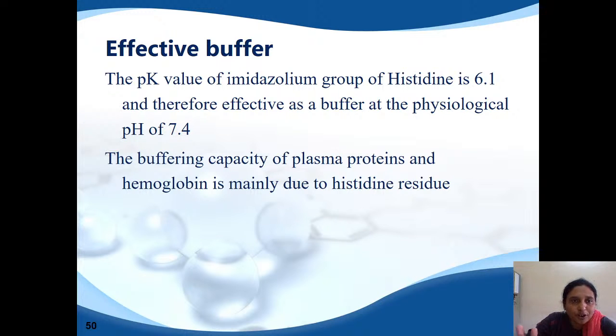Finally, what you have to understand is, the smaller the pKa value, the stronger the acid, and the larger the pKa value, the weaker the acid. So the strength of an acid can be assessed by its pKa value.